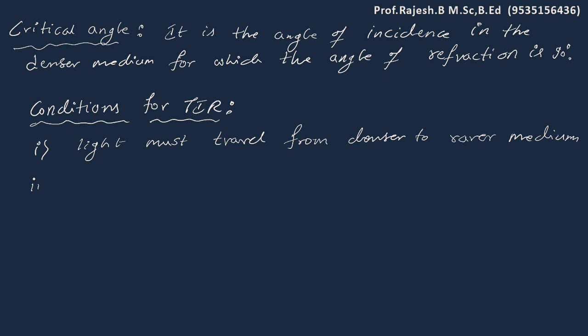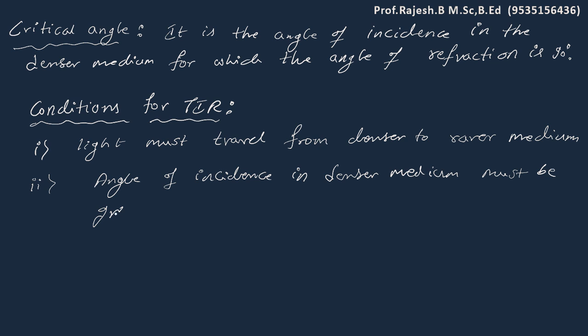And the second condition: the angle of incidence in the denser medium must be greater than the critical angle. These are the two conditions for total internal reflection.